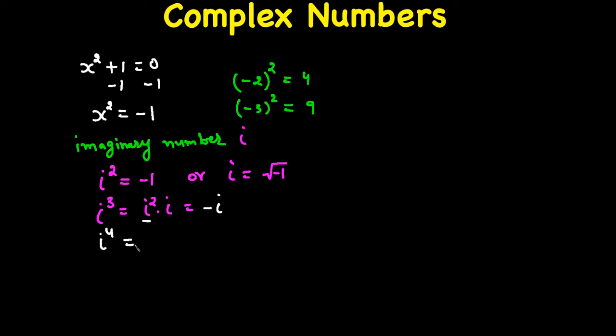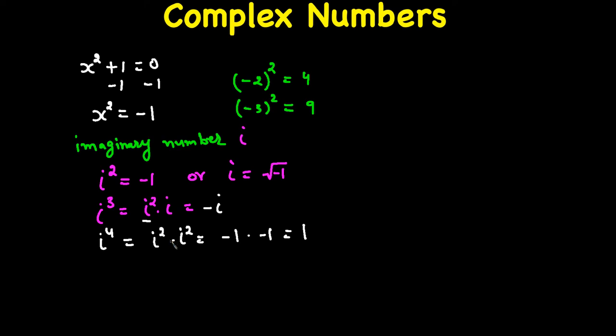What will happen there? We can rewrite it as iota squared times iota squared, so that means -1 times -1, which gives you +1. So this is how you can find the value of this imaginary number if there is a power on it, and it keeps increasing and so on.